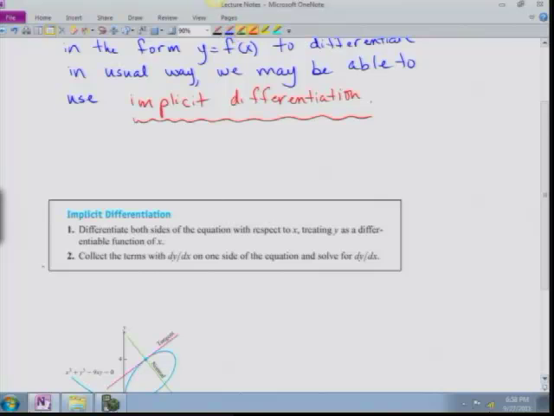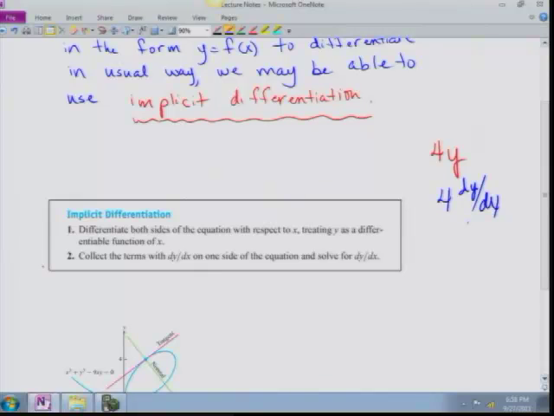What that means is if you've got 4y in the equation and you want to take the derivative of that, you think of it as x, so what would be the derivative of that? 4. But we're going to tack on a dy dx because we're really doing everything with respect to x.